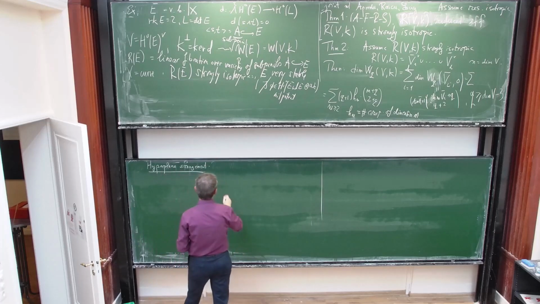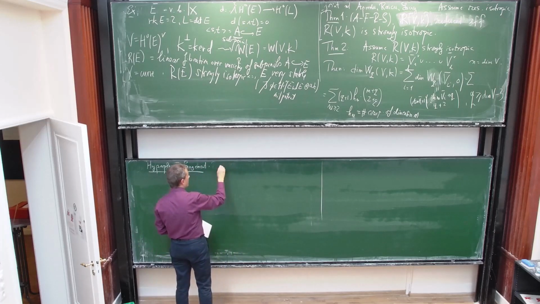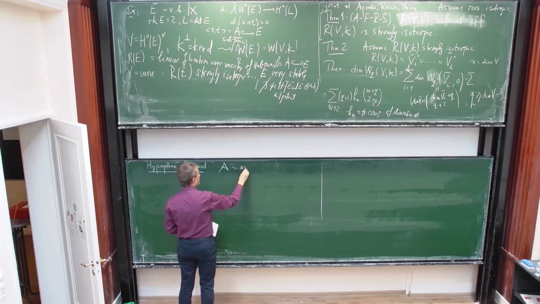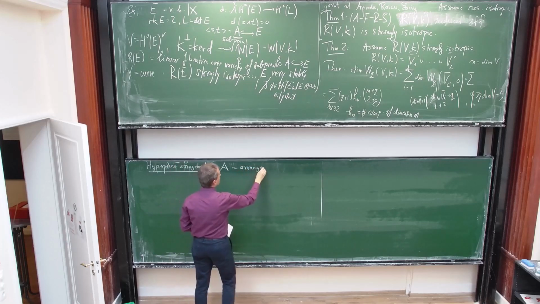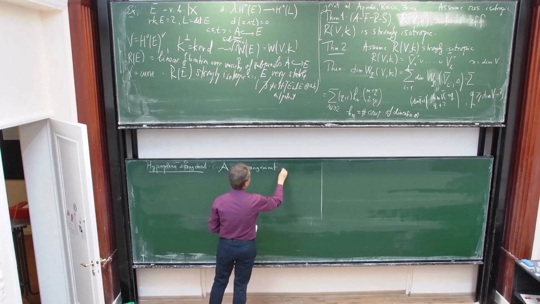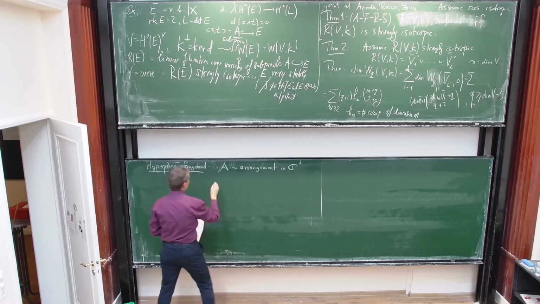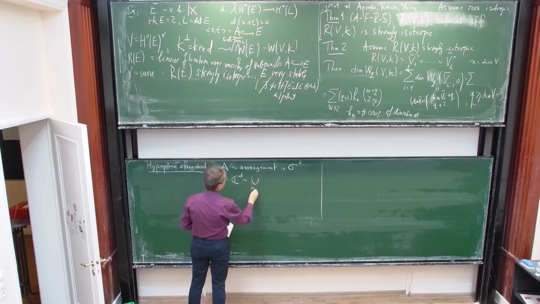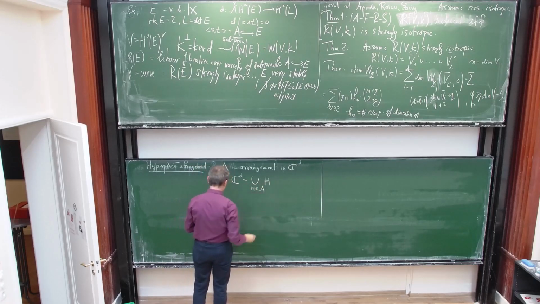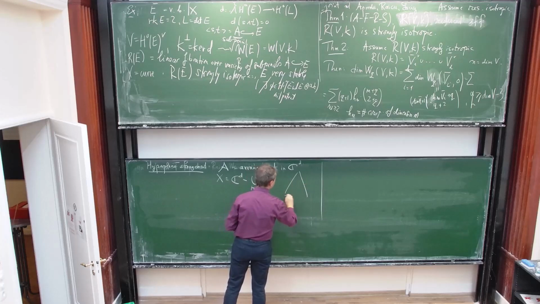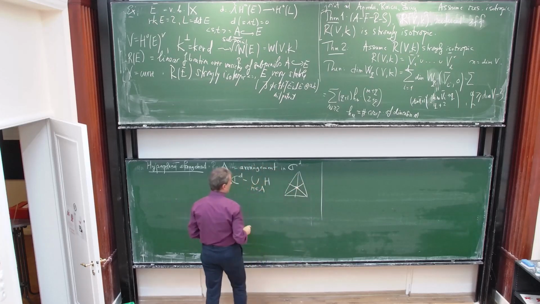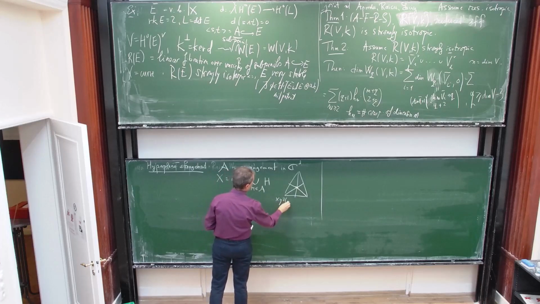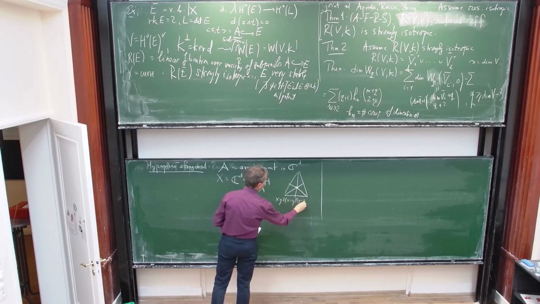So you start with an arrangement of hyperplanes, let's say in C to the D. And what you consider is the complement of the arrangement, of course. So you have pictures like this, and this is one of the most well-known ones: x, y, z, x minus y, y minus z, z minus x is 0.